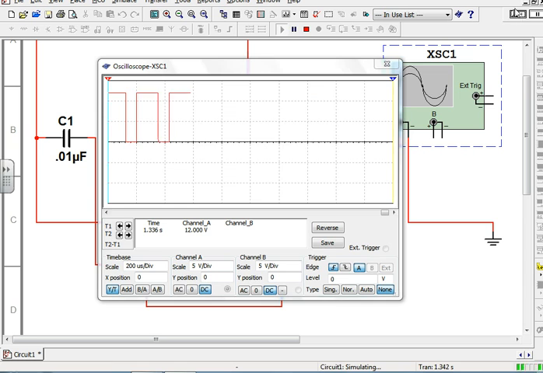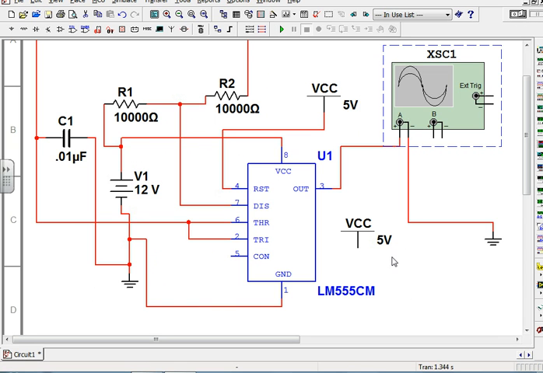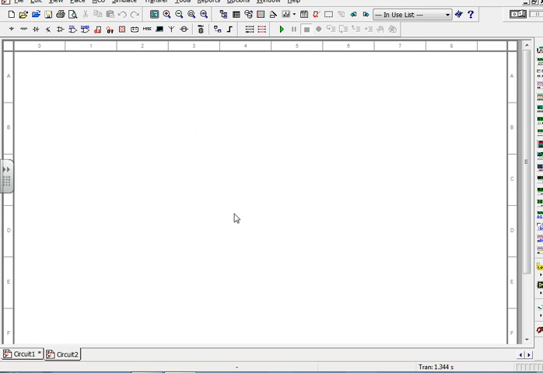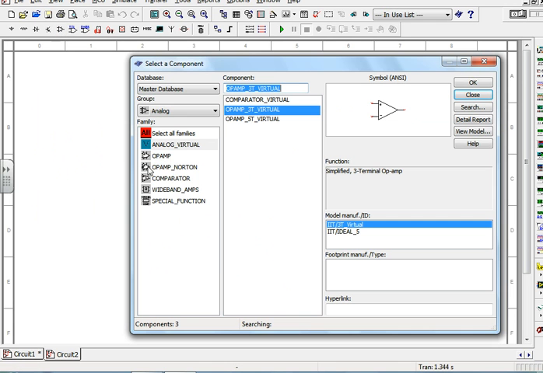We'll then go back to Multisim and see if we can build a circuit. And so I need one of these guys. I need one with, yeah, I need that one.